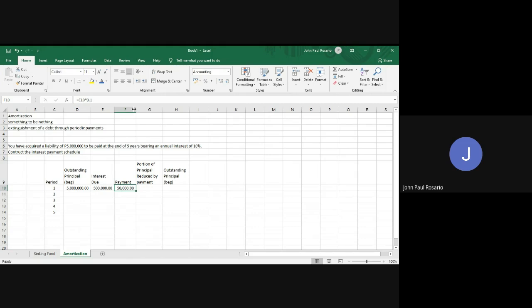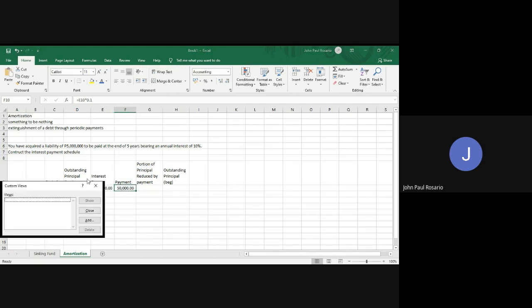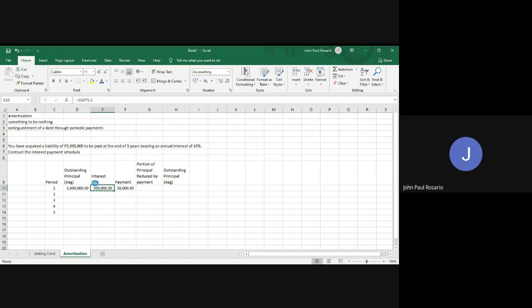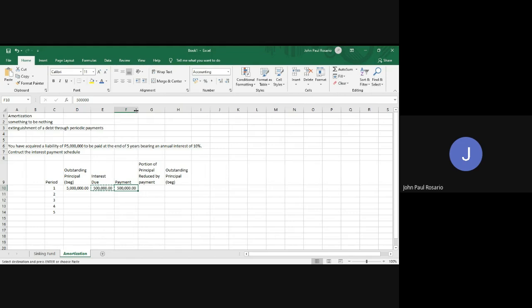Okay, 500,000 as well. Now, what is the portion of principal reduced by payment? Of course it's none, because your liability for interest is 500,000 and you paid exactly 500,000. So there is zero amount applicable to your principal.